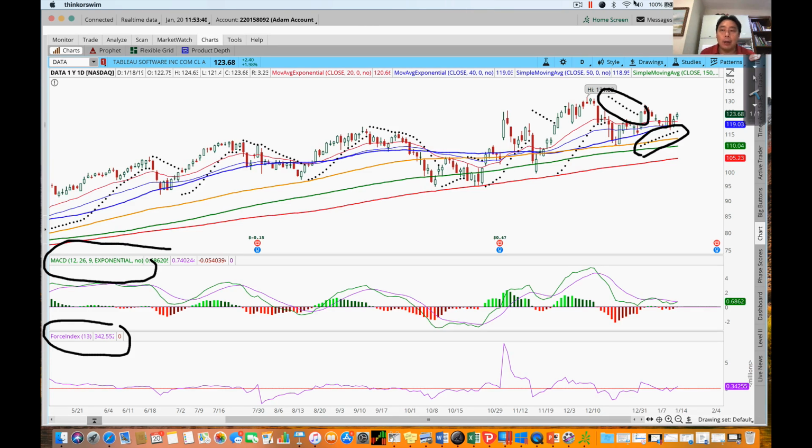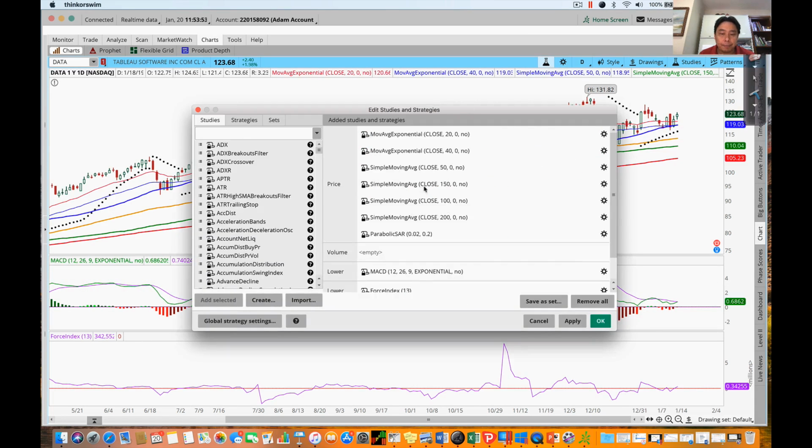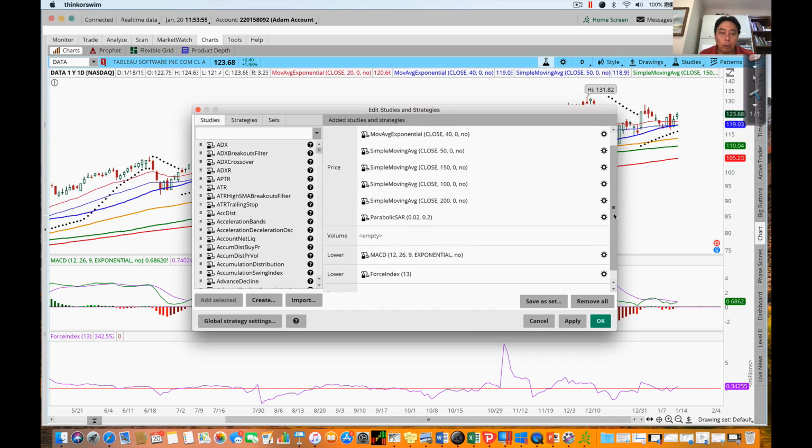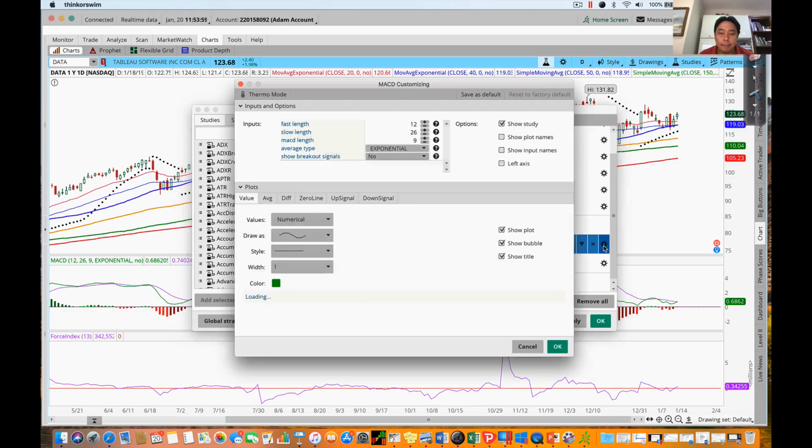Now before that, I'm going to change some of the colors to my favorite colors. So first, I'm going to look at the MACD. As you can see, there's a green and purple line, which I don't like the colors, so I'm going to change it. I'm going to go to the studies, then go to MACD, and click on edit.